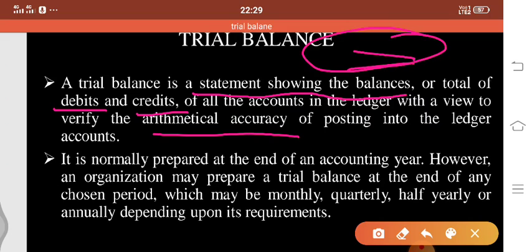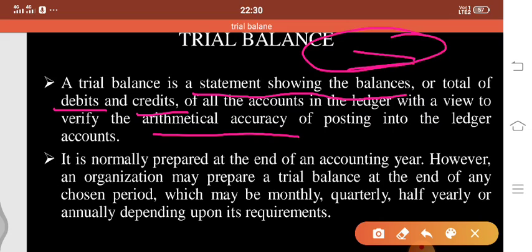Debit should always be equal to credit, and only then can we say that our trial balance is correct. But students, do remember that even if the debit and credit totals of the trial balance are the same, we cannot say that we have made it correctly.